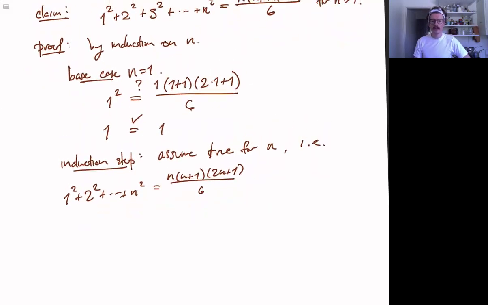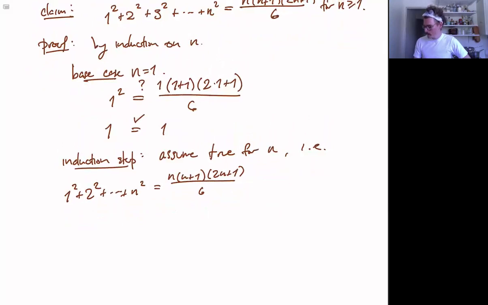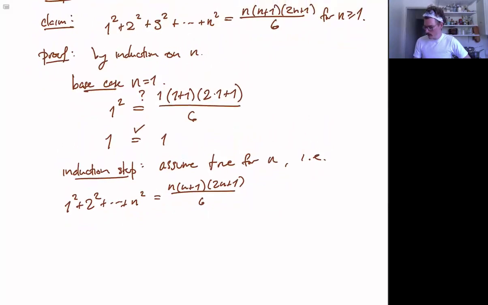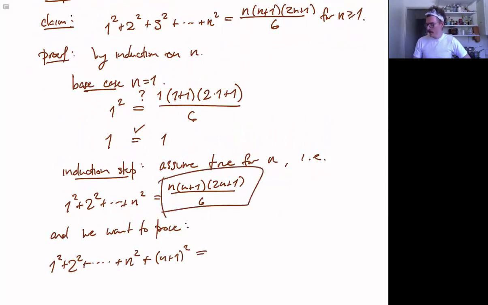And let's also write down clearly what we want to prove. And we want to prove that, so basically we replace n with n plus 1 everywhere on both sides. So 1 squared plus 2 squared plus ... plus n squared, now we're working up to (n plus 1) squared, should be equal to this formula, same formula, where we have replaced n with n plus 1.